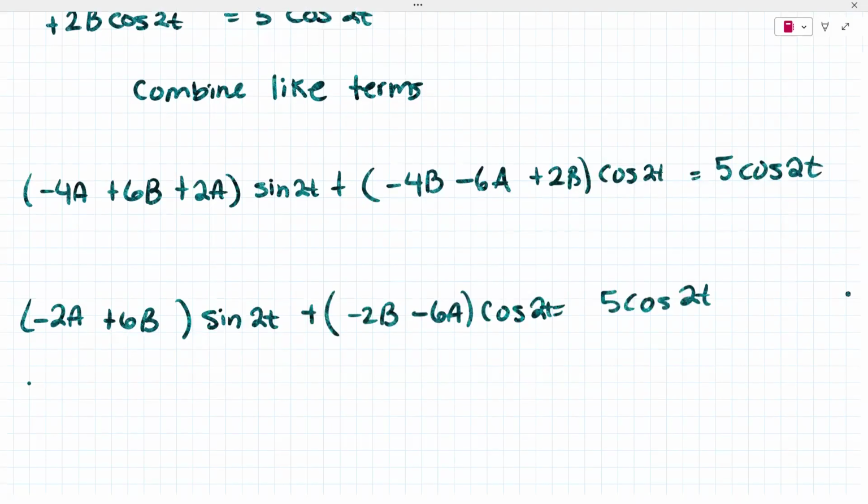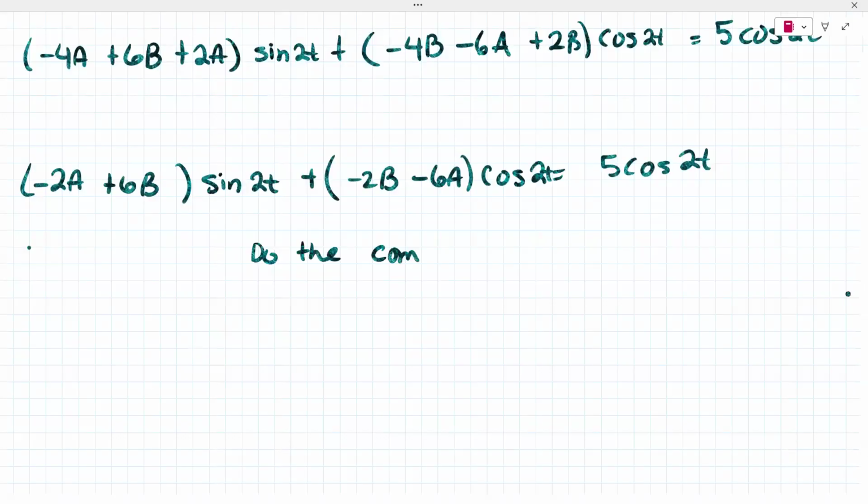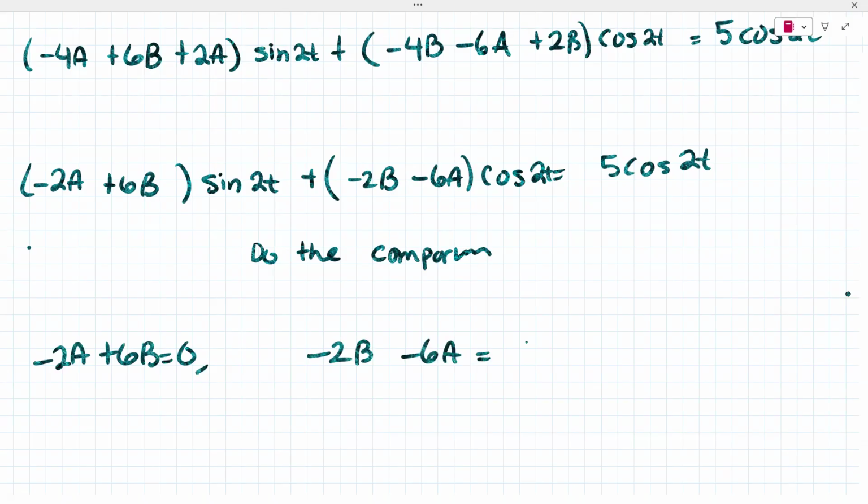Okay. And then what you want to do is solve for a and b by doing the comparison. So you can set it up as negative 2a plus 6b equals 0, and then negative 2b minus 6a equals 5. So how will we find a and b?